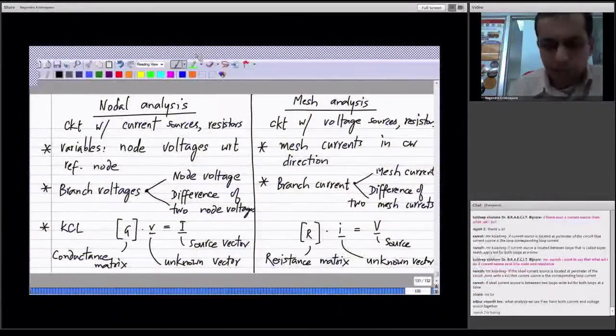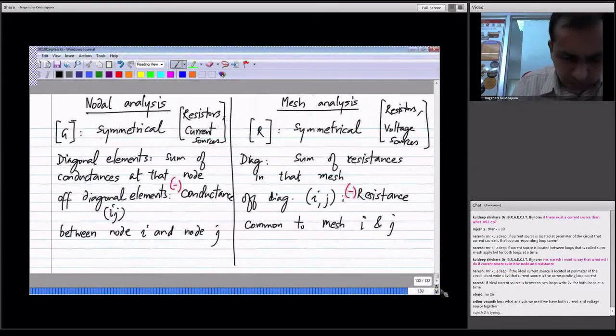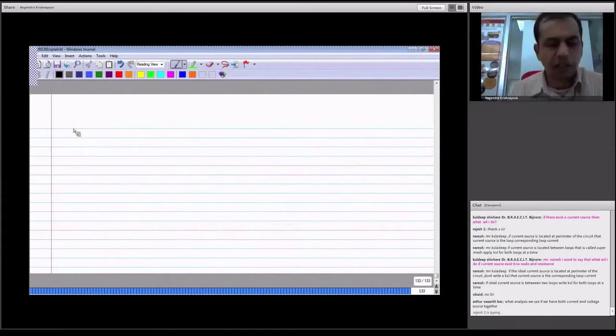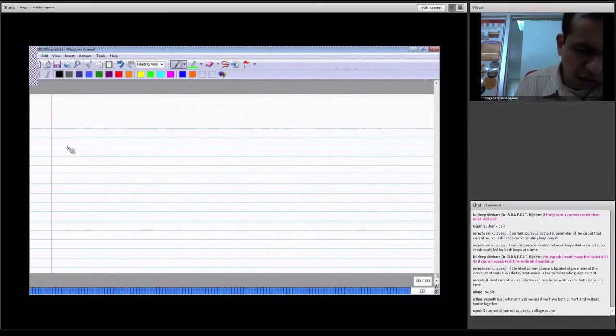We'll just take a numerical example just to get some practice. Or rather, we'll reserve the example for later. Let's have mesh analysis including a current source.